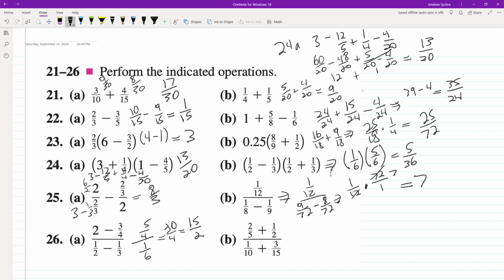And finally, for answer or solution 26, what's going to happen here is add the top and bottom separately. So we end up with 2/5 plus 1/2.